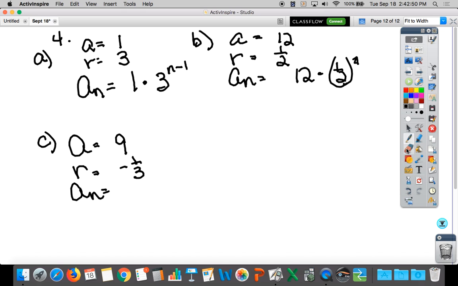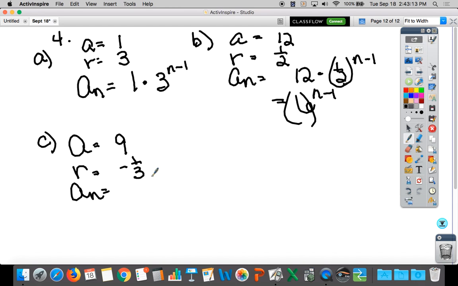Now, let me ask you this. Let me write this up here, then I want you to answer something for me. Can I simplify that to this? I'm seeing nods and I'm seeing shakes. You have to do exponents first.